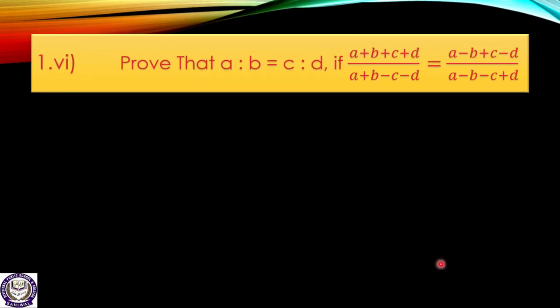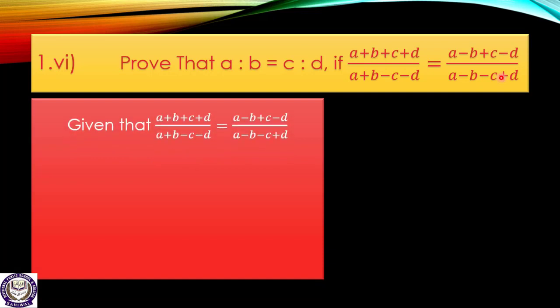For the sixth part, we have to prove that a ratio b is equal to c ratio d if (a + b + c + d)/(a + b - c - d) is equal to (a - b + c - d)/(a - b - c + d). For convenience, I am calling this as first term, this one as second term, this one as third term, and this one as fourth term.